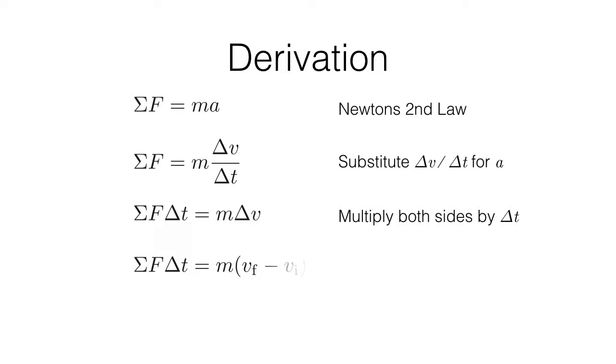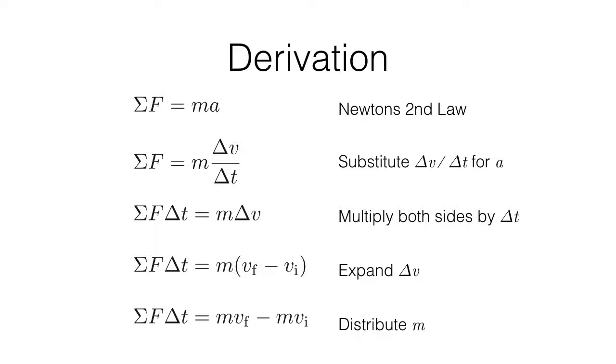And then if we expand the change in velocity part, we get an expression like this. And if we distribute the mass to both of those velocities, we get this expression. So net force times time on the left is equal to mass times final velocity minus mass times initial velocity.